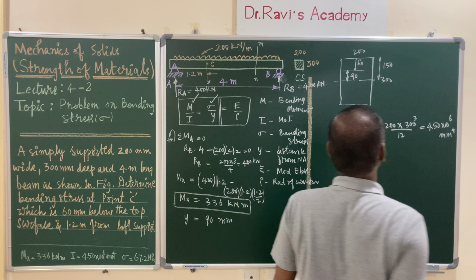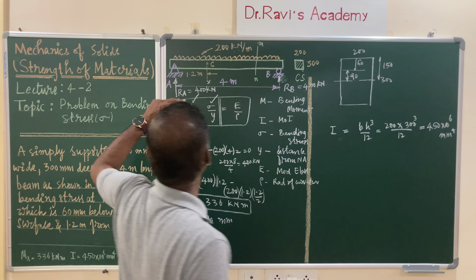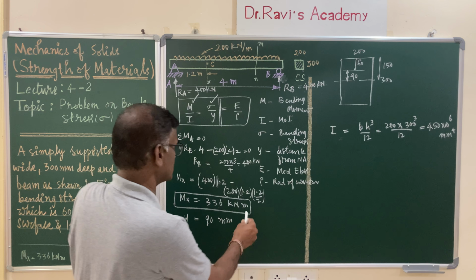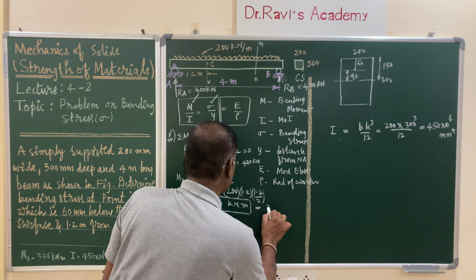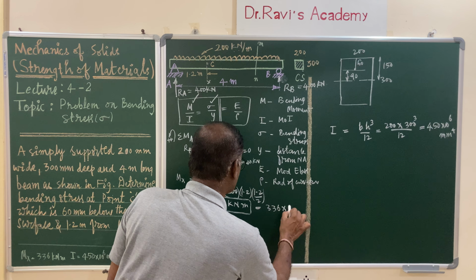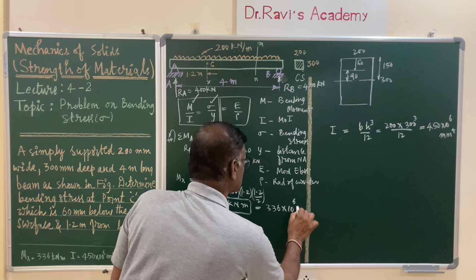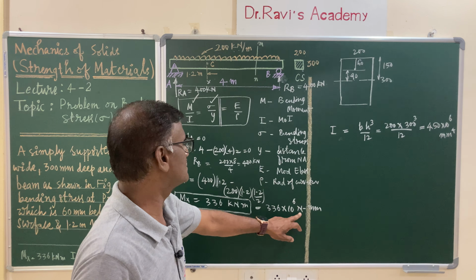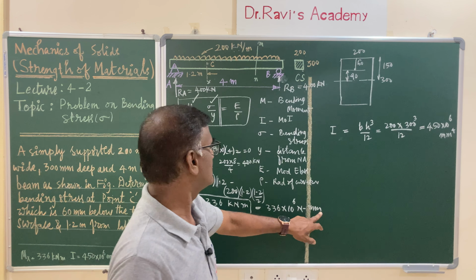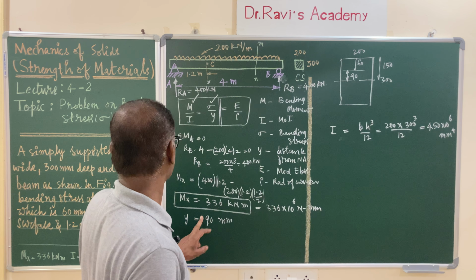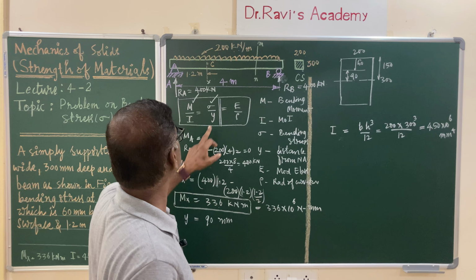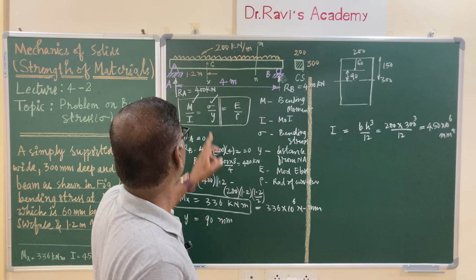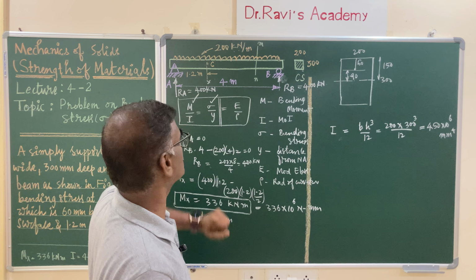The M value, 336 kilonewton meters, is equal to 336 into 10 to the power 6 Newton mm, so there is consistency in units: forces in newtons and distances in mm. So y is 90 mm, I is 450 into 10 to the power 6, and the only remaining term is sigma.